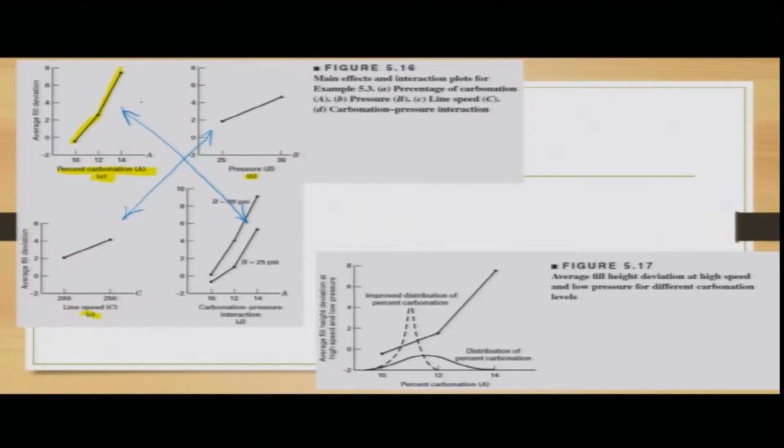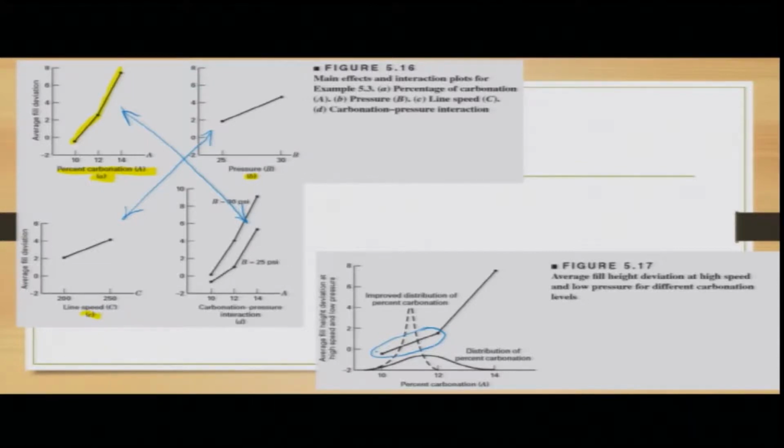Now, figure 5.17 shows the average fill height deviations again for high speeds and low pressure for different carbonation levels. As I check, you will find that you take different values. At lower values here, the deviation is very small, and we would definitely like the deviation to be as small as possible.